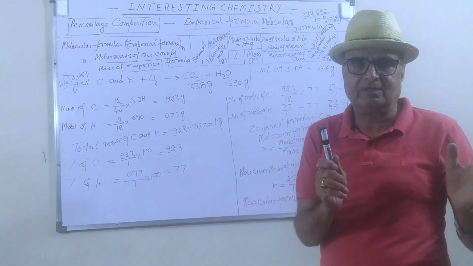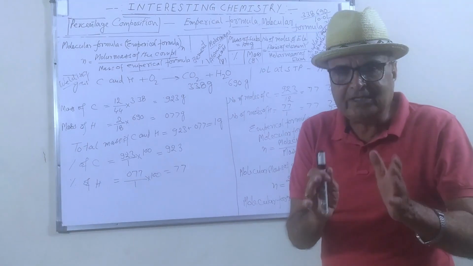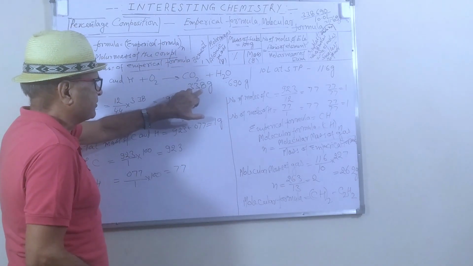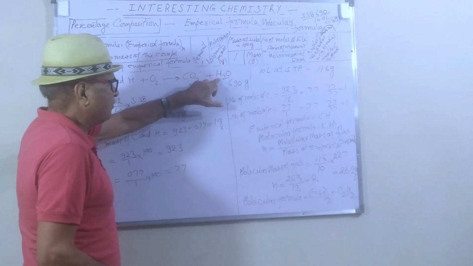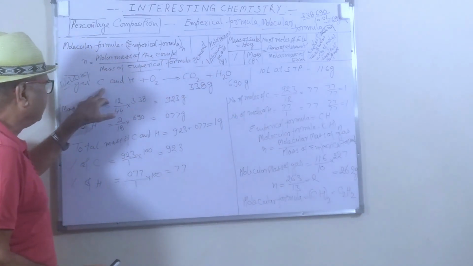Very good numerical. From this, you only have the amount of carbon dioxide 3.38 and the amount of H2O 0.690.